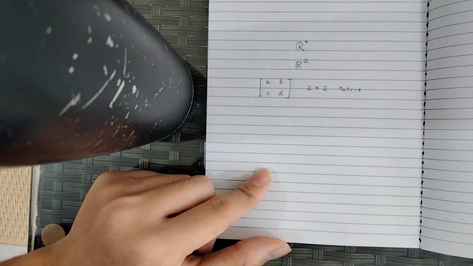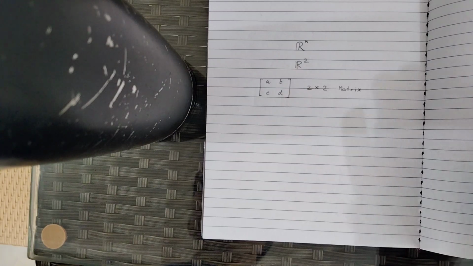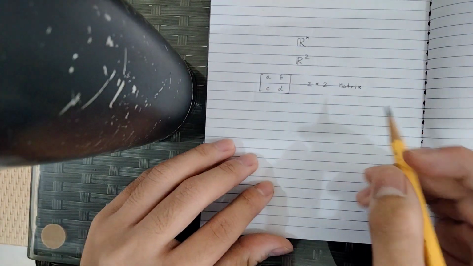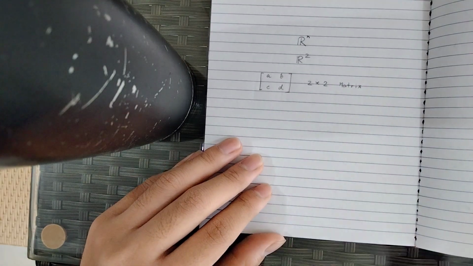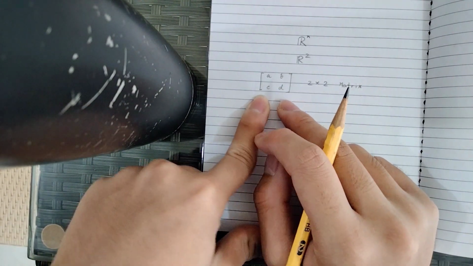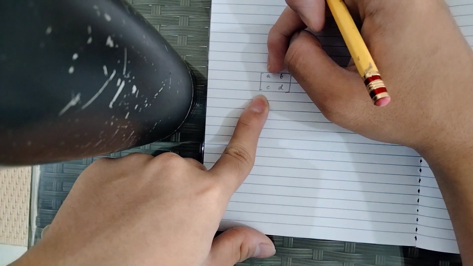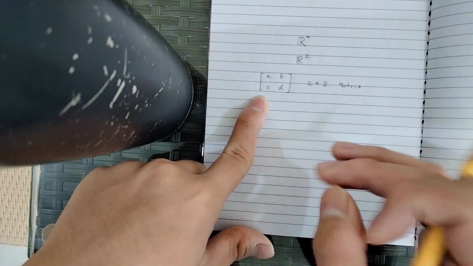Whenever I say matrix, you probably think about the movie, but in mathematics, when we say matrix, it's a rectangular array of numbers. This one over here is a square matrix, which is a matrix that has the same number of rows and columns.